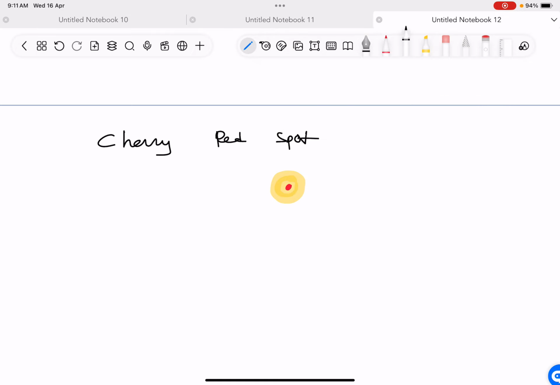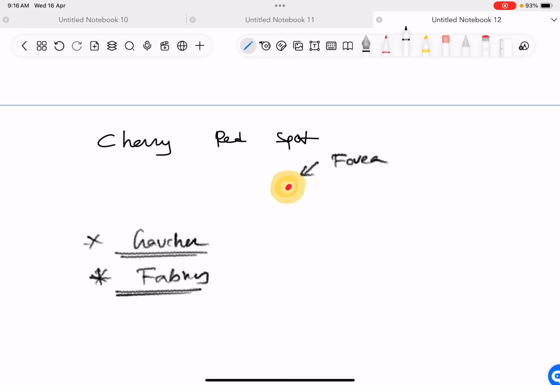This condition is found in 4 of the sphingolipid storage disorders, and of them Gaucher is not one. It is not found in Gaucher and not in Fabry. Other than these two, the remaining 4 sphingolipid storage disorders have cherry red spots.